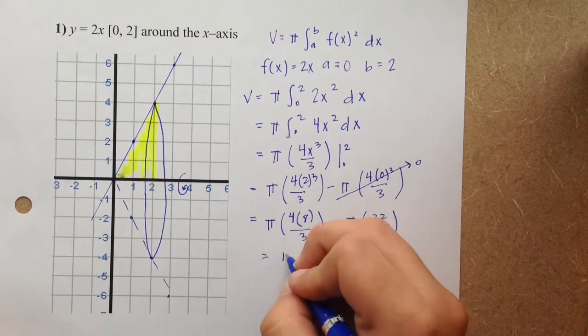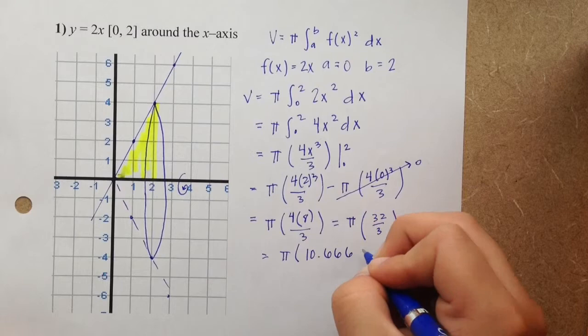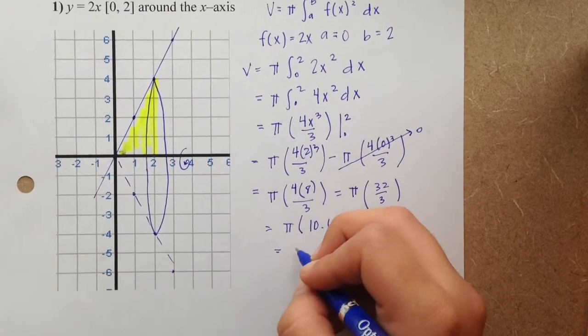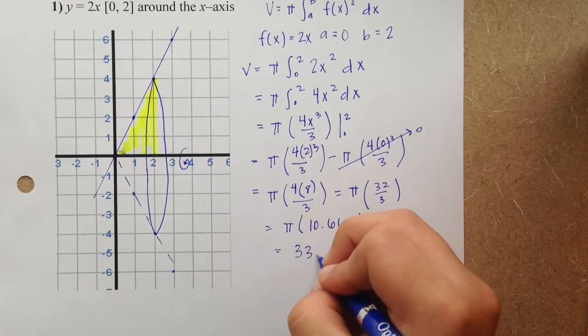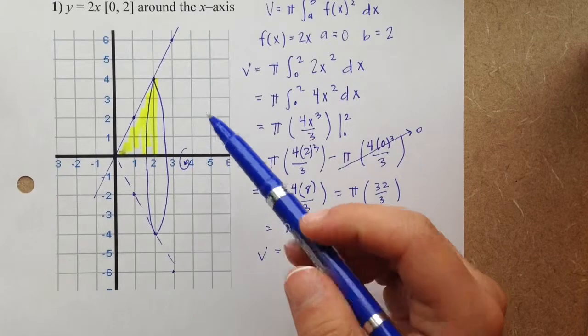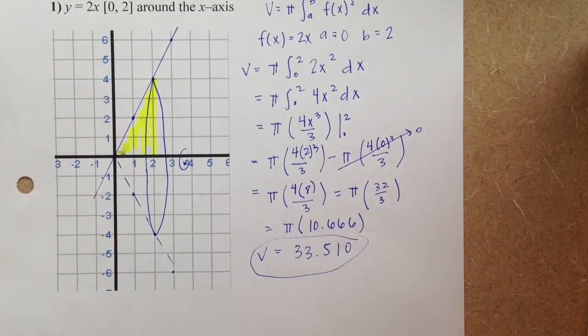So from that we get pi times 10.666, and when you multiply that with pi, you get 33.510, which ends up being the volume of that graph rotating from 0 to 2.